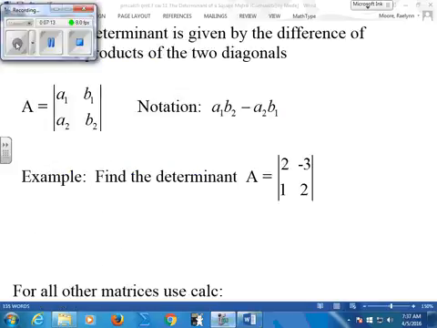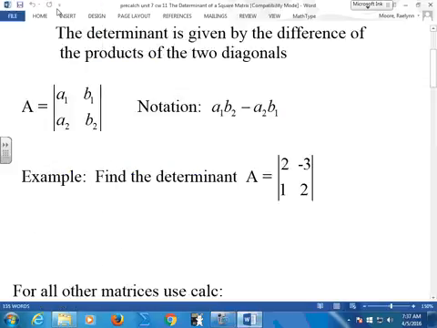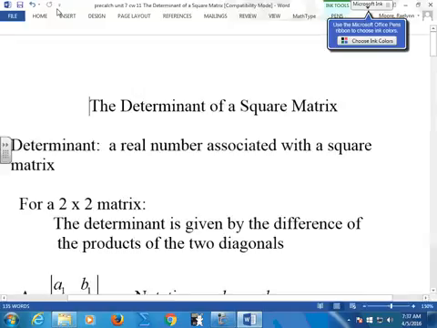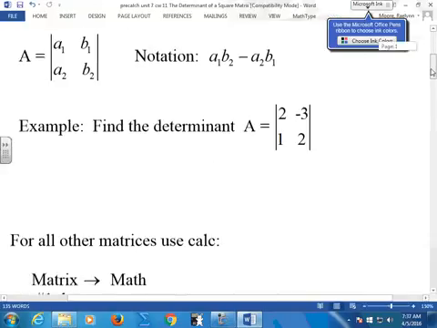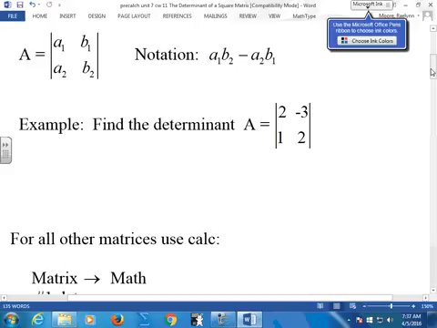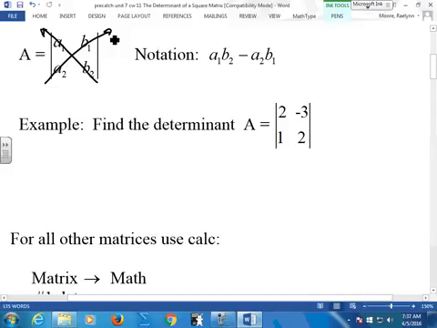Just that you're going to multiply, and you're multiplying up this way. You're multiplying this way, up like this. This way minus this one. So A1 times B2 minus A2 times B1. Like your means and extremes when you do a cross multiply in a ratio.